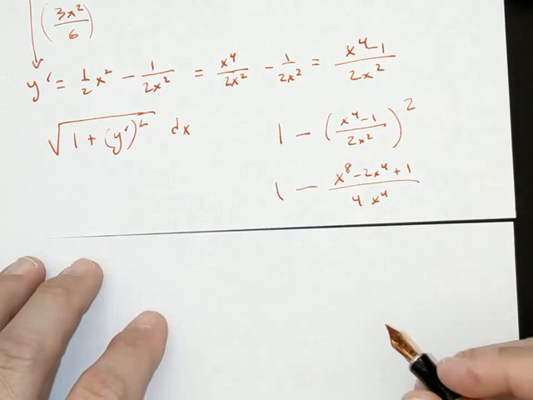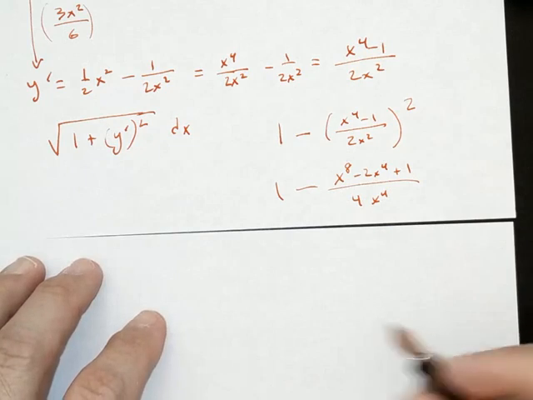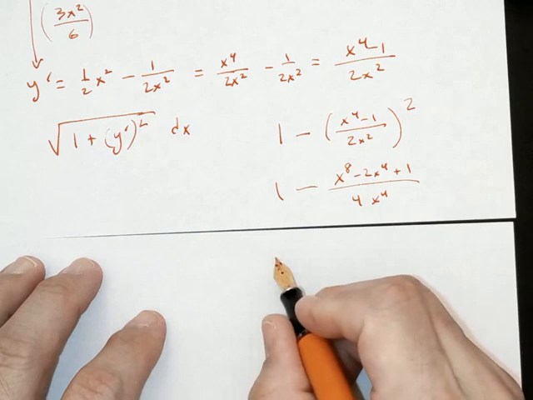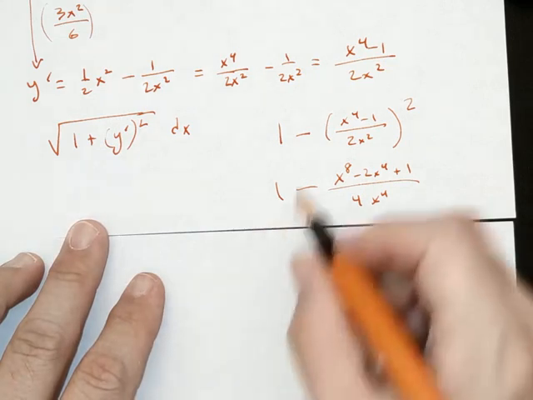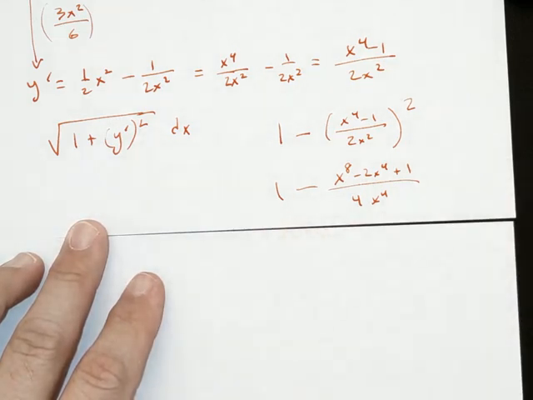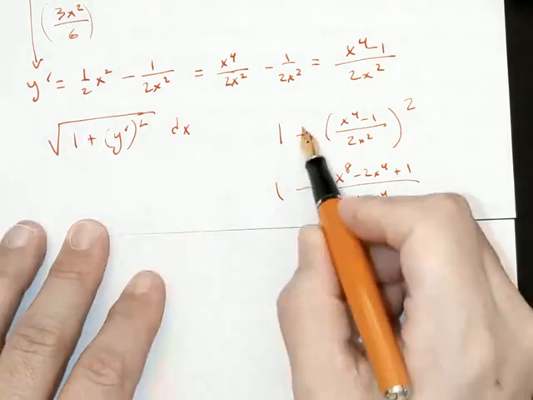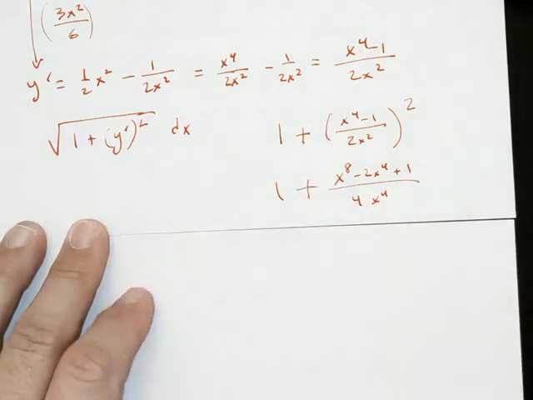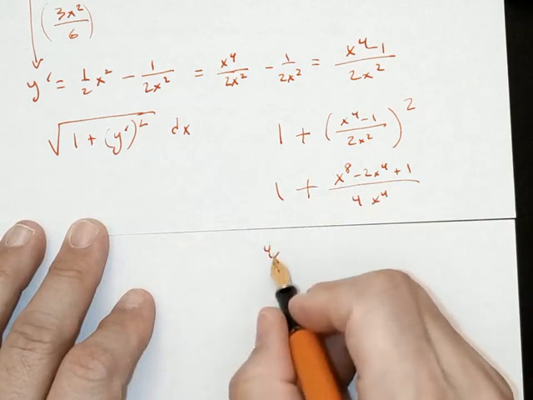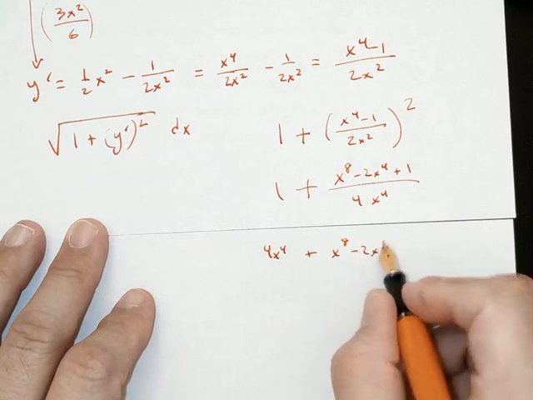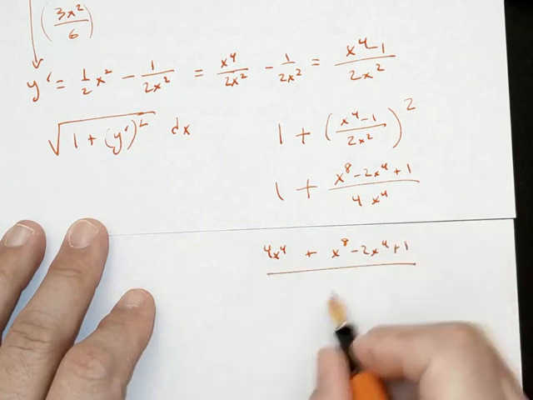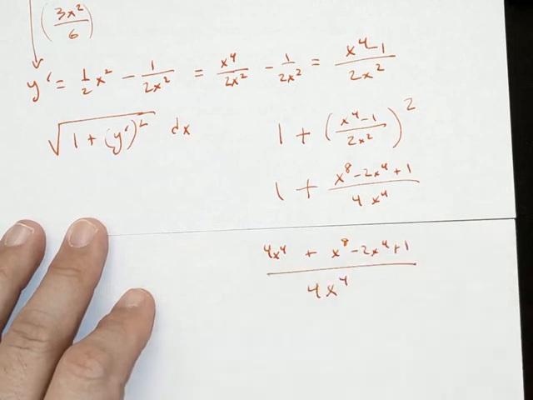What's my common denominator? Right, 4. Okay. I just noticed though that I made a typo. It's 1 plus, not 1 minus. So it helps if I write down the right thing. So then, yes, you'll write 4x to the 4th plus x to the 8th minus 2x to the 4th plus 1 all over 4x to the 4th.